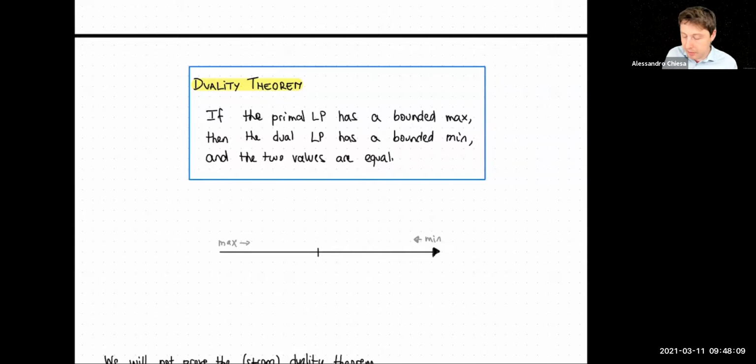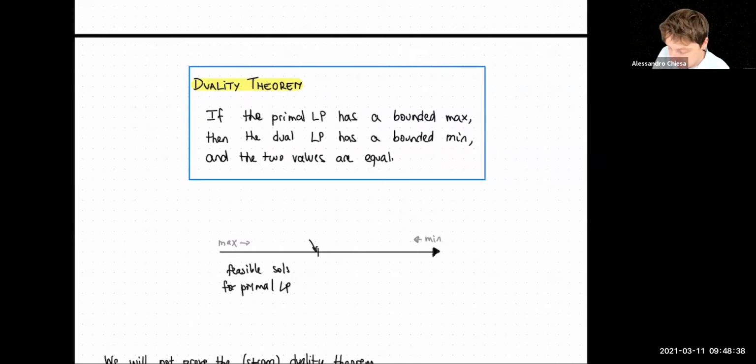So pictorially, what you want to think about is that there are some feasible solutions for the primal linear program. And at some point, you're going to hit the maximum, because we're saying if there is a bounded maximum, right?